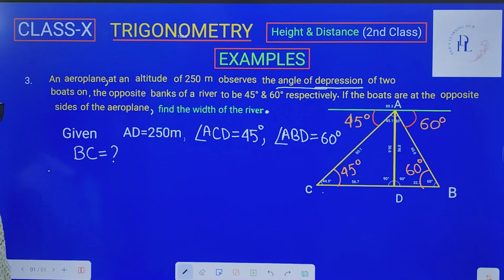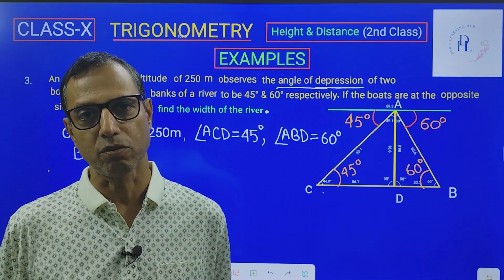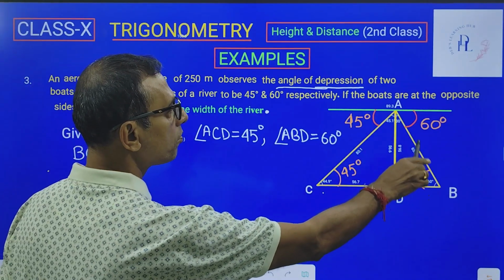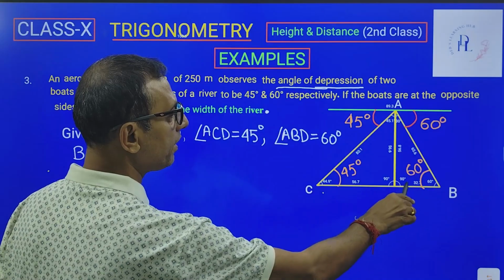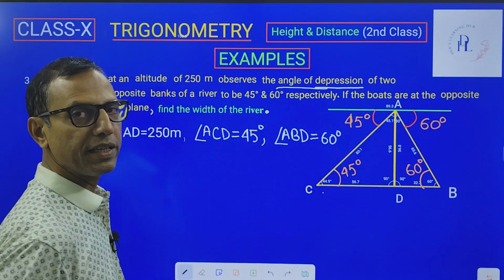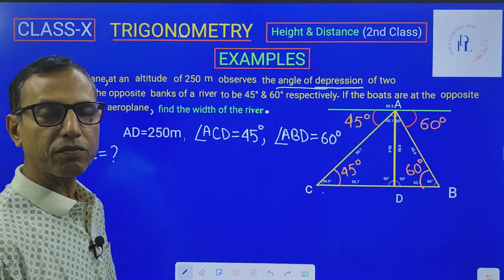If you draw the diagram, it is very easy to simplify the problem. In triangle ABD, the angle and the height AD are given, so you can easily find BD.